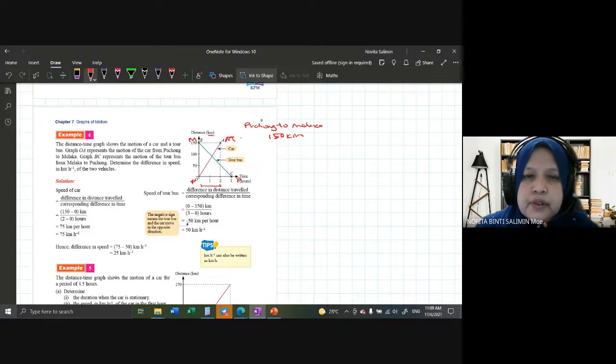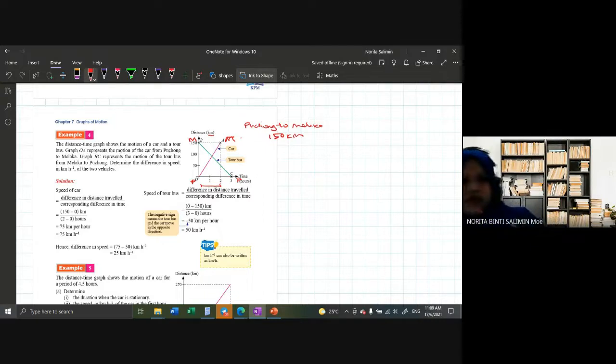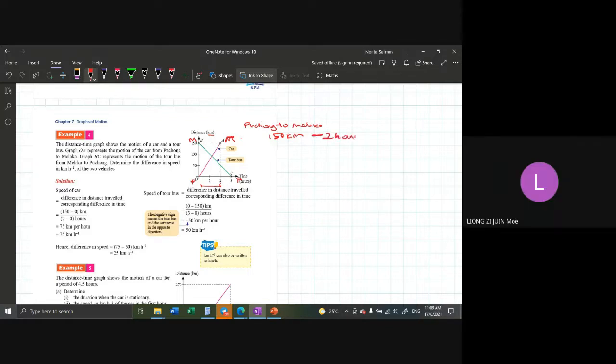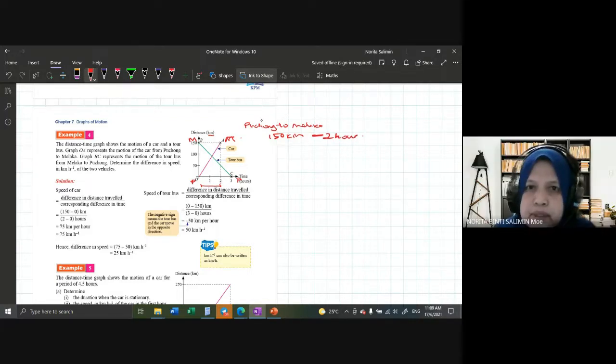We start from 0 to A. 1 hour, 2 hours. From O to A is 2 hours. Look at the purple line for the car. The car takes 2 hours.